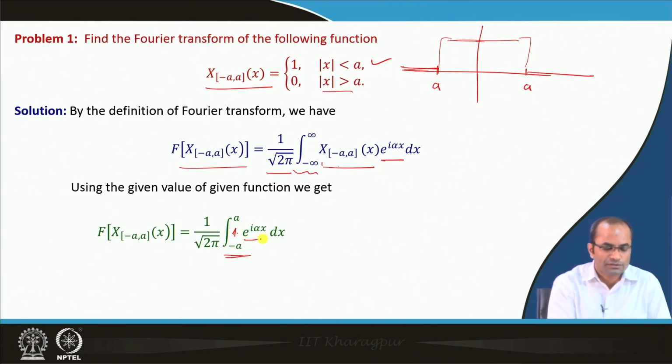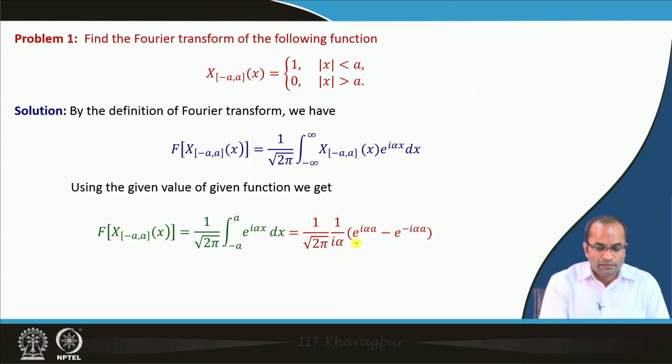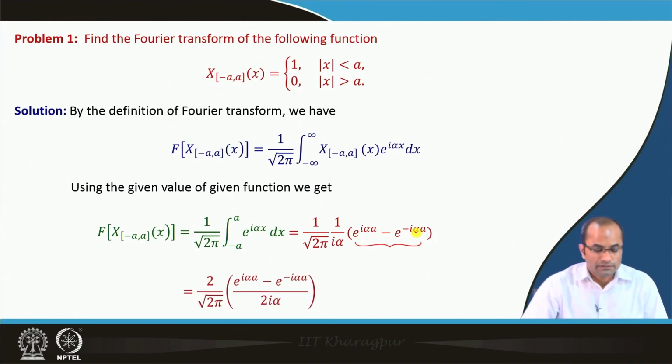So we have just the exponential e power I alpha x, which can easily be integrated to give e power I alpha x divided by I alpha, and then we put in the lower and upper limits. Substituting the upper limit we get e power I alpha a, and the lower limit e power minus I alpha a.